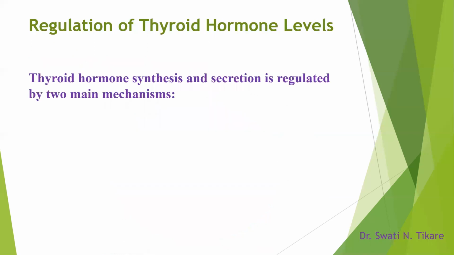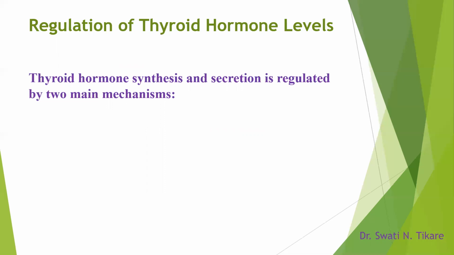Next, we will move on to regulation of thyroid hormone. There are two main concepts for regulation. First, remember, iodide we said was very important, so iodine will definitely impact the regulation of production of thyroid hormone. The second one, which you already know, is the hormonal mechanism, the hypothalamo-pituitary-thyroid axis.